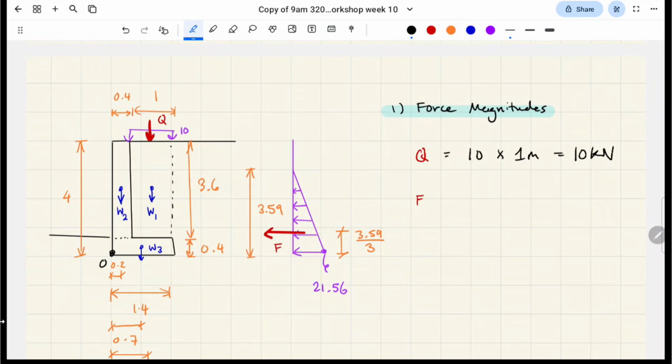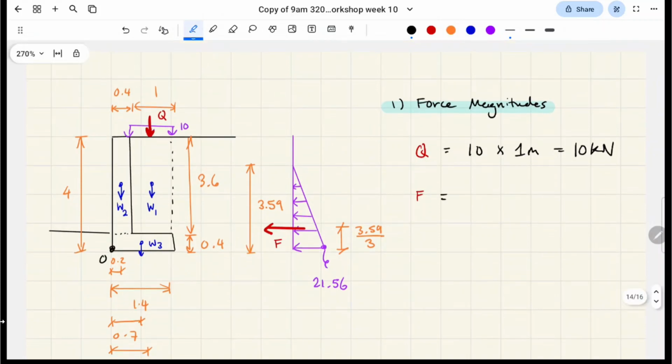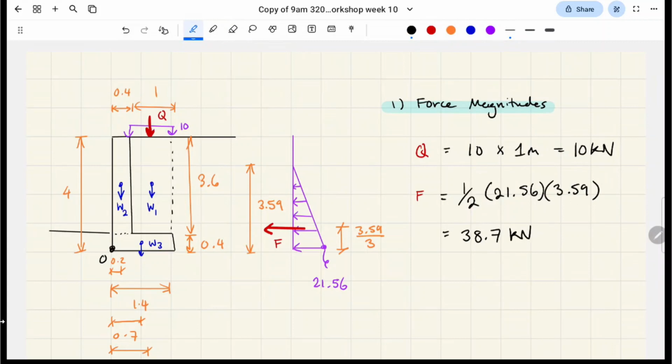Okay, F is our lateral earth pressure, so it's literally the shape of that triangle. So half times base times height. This is the base, this is the height, 3.59. We have 38.7 kilonewtons.